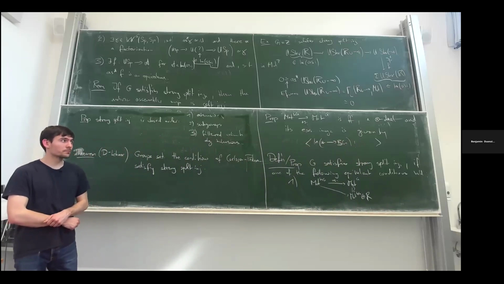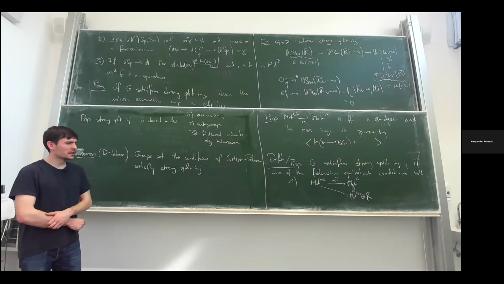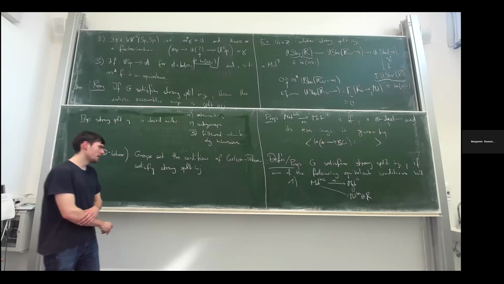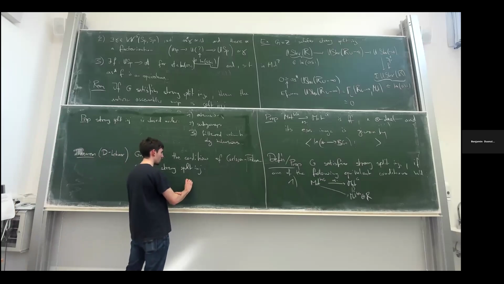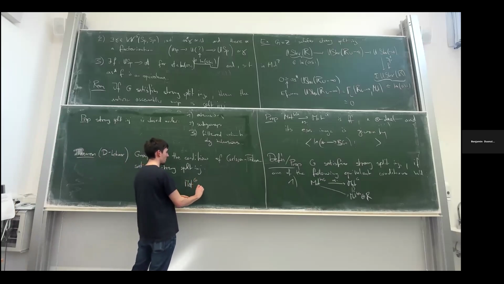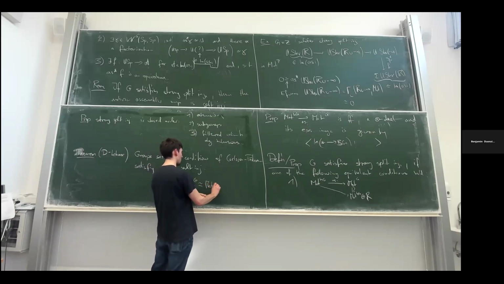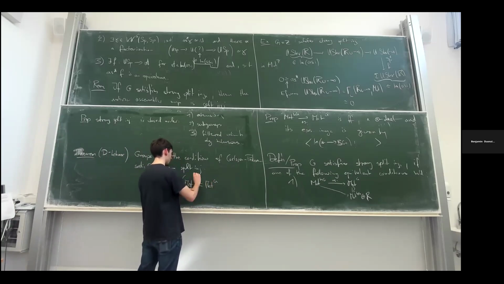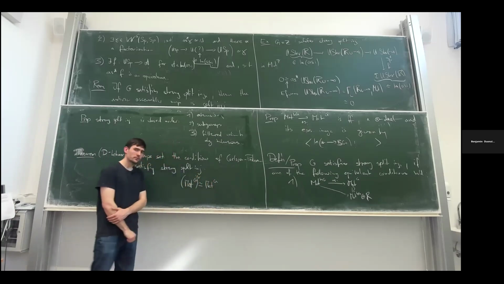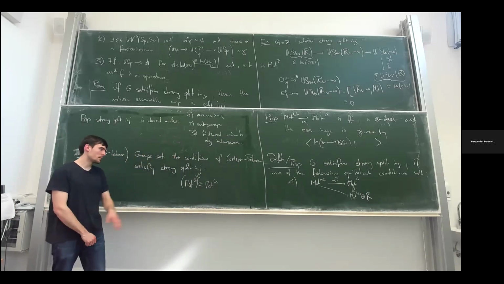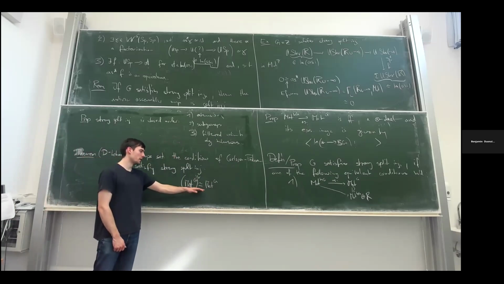Efimov has a theorem in a paper, but not with a proof as of yet, that it's dualizable and it's self-dual. So the dual of Mot G is again Mot G.